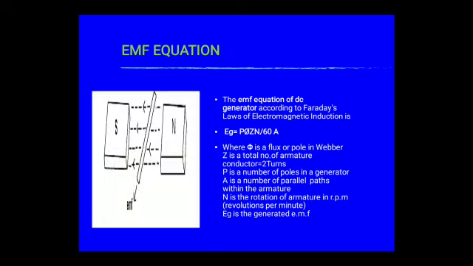You can see here there is a north pole and south pole, and between these two poles there are several magnetic lines of force or magnetic flux. If the conductor placed between them cuts the magnetic flux, then a voltage is induced, and this voltage or EMF is known as EG or generated EMF. So this is the EMF equation of a DC generator.